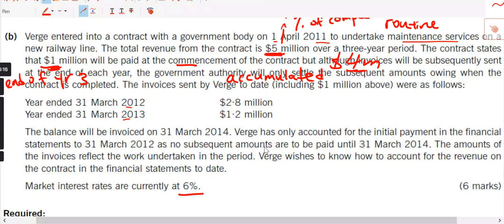So accumulated invoices sent, including the $1 million above. So this $1 million means collected already, right? At the commencement of the contract, the government paid us $1 million. Well, as follows. So this 31st March 2012, which is the first year end, $2.8 million invoice sent. So inside this 2.8 million, we got $1 million collected. And we still got 1.8 million outstanding.